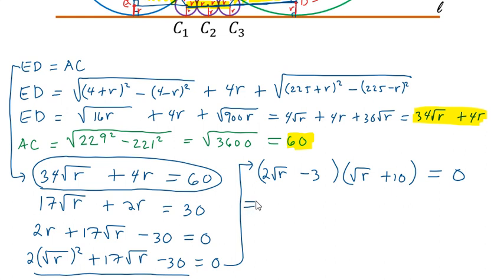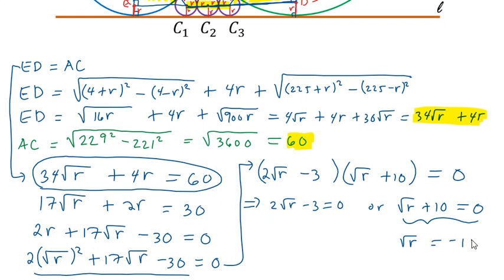So this implies that 2 square root of r minus 3 equals 0, or square root of r plus 10 equals 0. Now this case right here implies that square root of r equals negative 10, which has no real solution, so we don't take that case. Now let's have the other one.